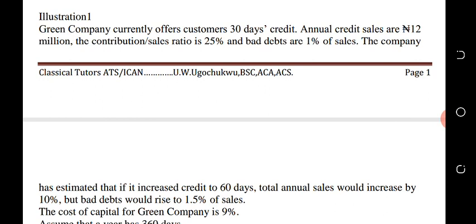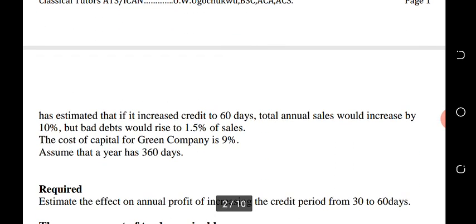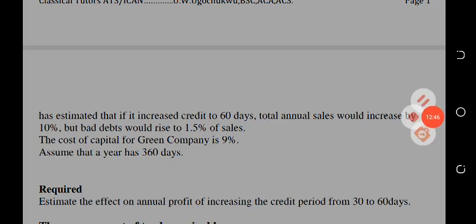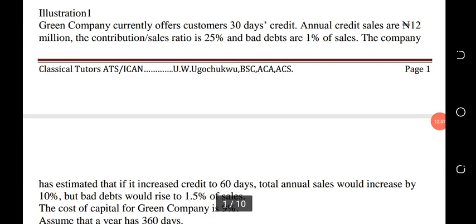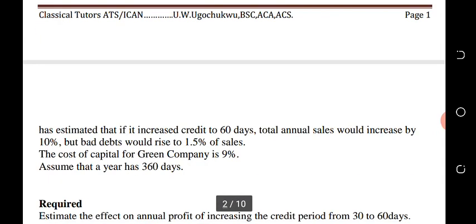The company has estimated that if it increased credit to 60 days, total annual sales will increase by 10%, but bad debt would rise to 1.5% of sales.